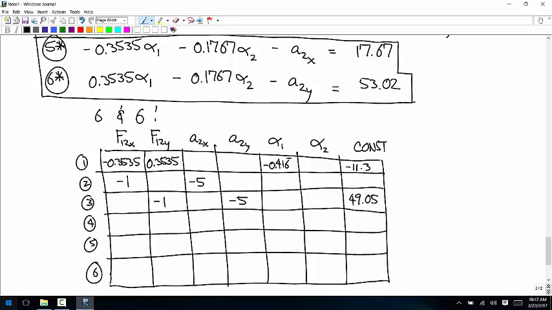Equation 4, we have f12x, negative 0.1767. f12y, negative 0.1767. Alpha 2, negative 0.104. And the constant is positive 20.